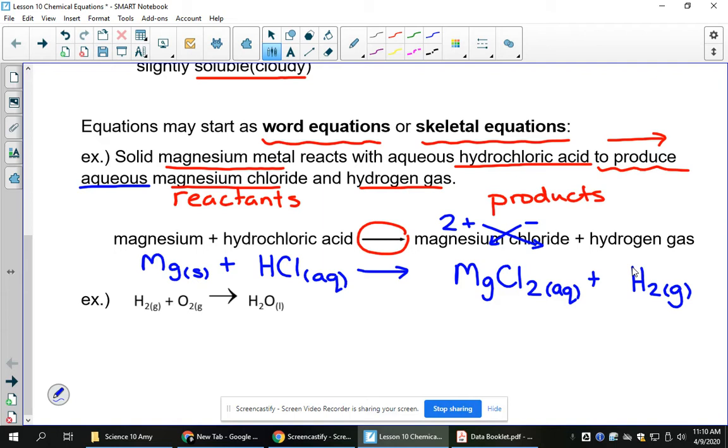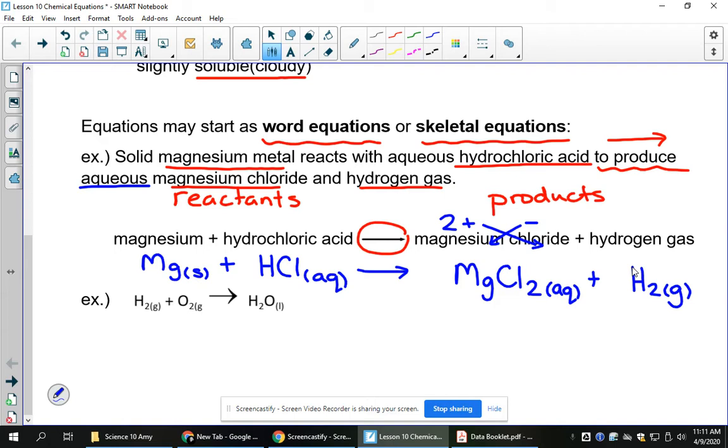What the law of conservation of mass says is if I start with, let's say, 10 hydrogen atoms, then I can't just mysteriously lose hydrogen atoms. Once a chemical reaction happens, the hydrogen atoms might change state, they might join with other elements, but there's still going to be 10 hydrogen atoms at the end of the reaction as well.